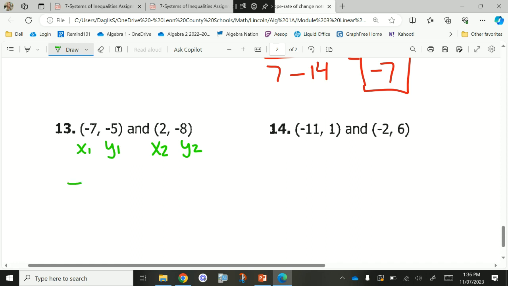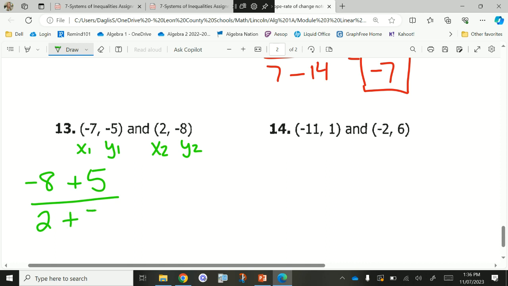All right. Minus over minus. What's our numerator going to look like? -8. I heard that. +5. Good. Why did he say +5? Minus -5. Very good. And my denominator? 2 minus -7, right?